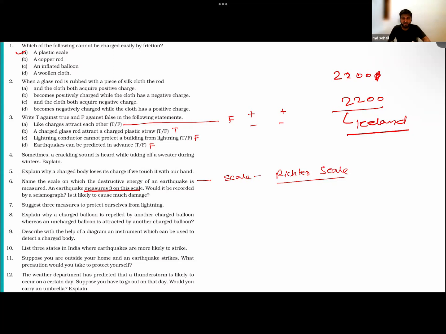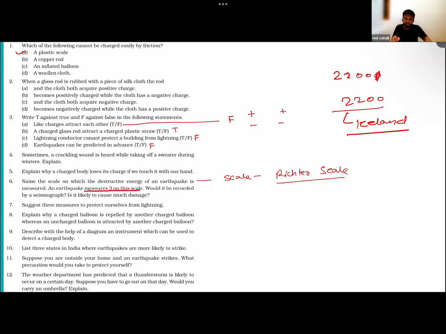The intensity was very weak, but 2200 earthquakes in a day. Just imagine this thing. So that's a great number. Was there a severe earthquake? No, there was no casualty or heavy damage done.